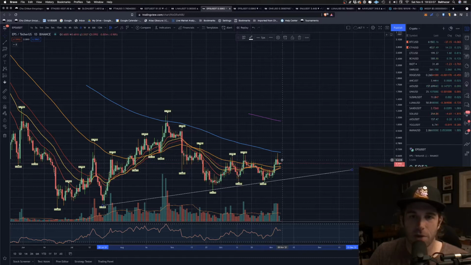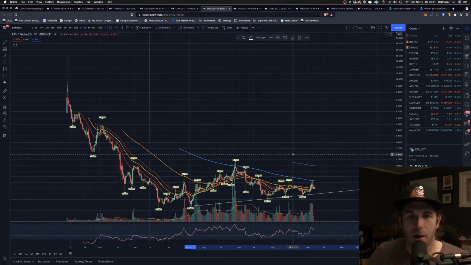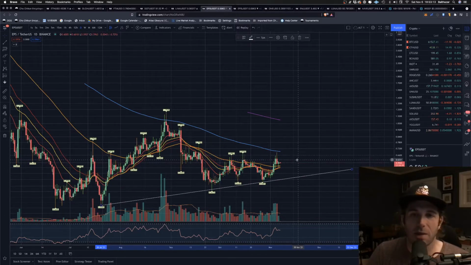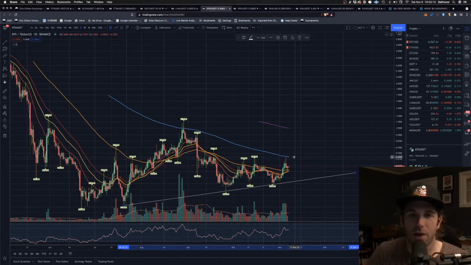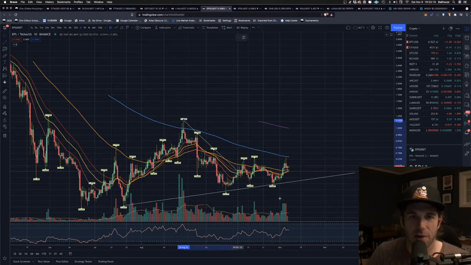And once again, this is a situation where I am probably going to be waiting to see some kind of break of the range before I do much. You know, the first step for reversing the downtrend is breaking this trend line. So we broke that trend line, but we didn't really get super bullish continuation. We really just traded sideways. So this is the same story as the last one.